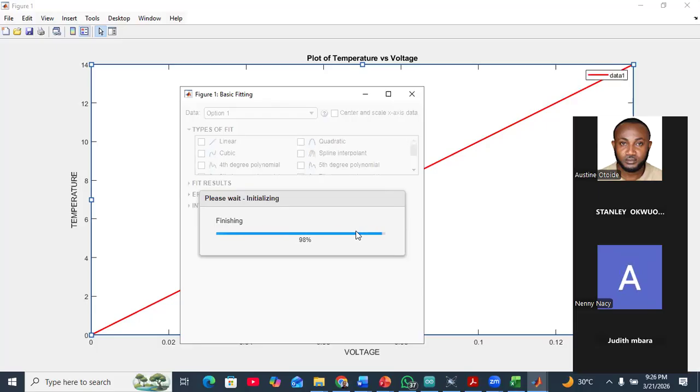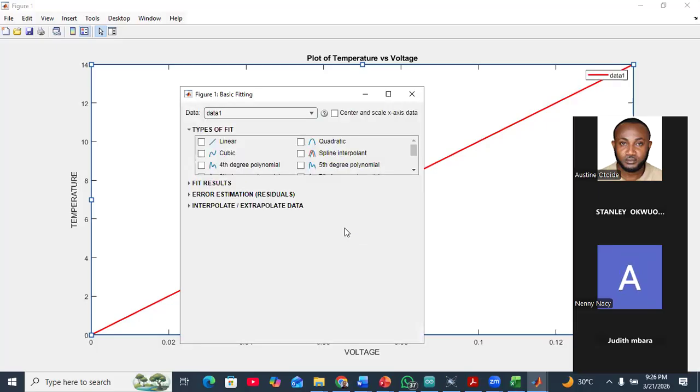Okay. From the graph, is it a linear graph? Yes, it's a linear graph.